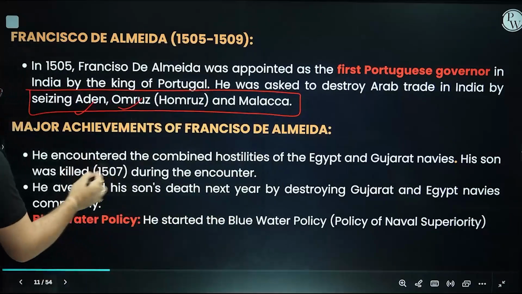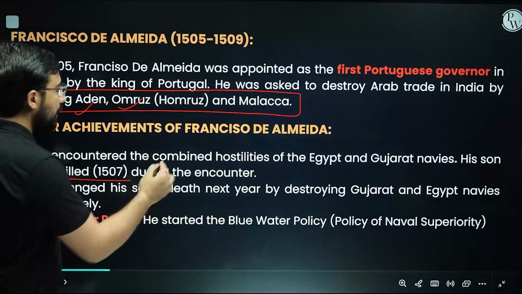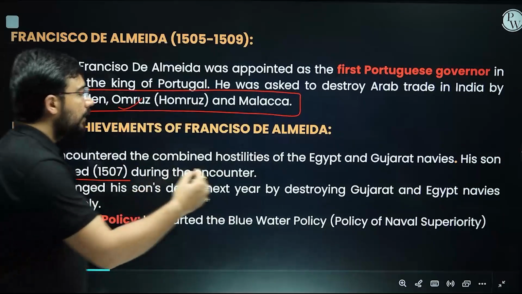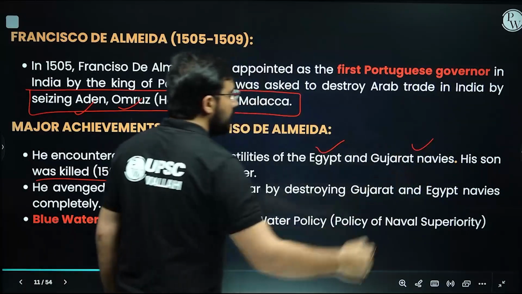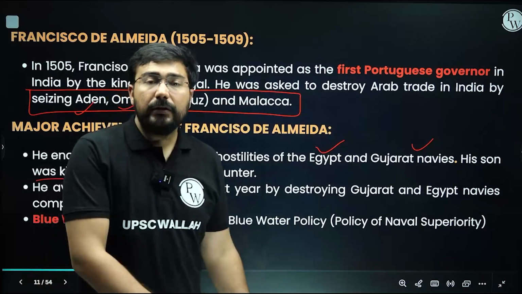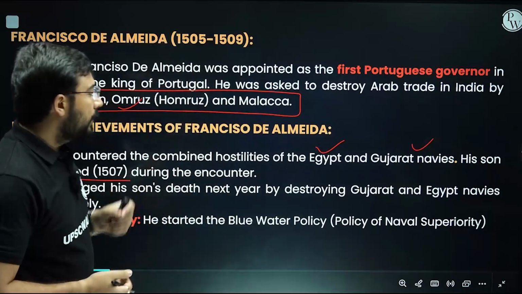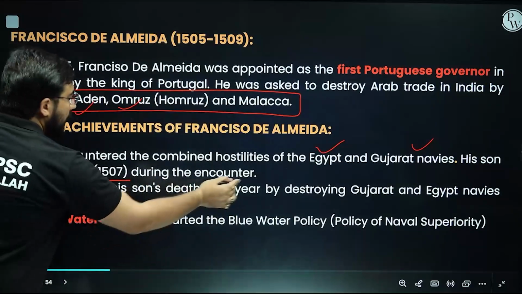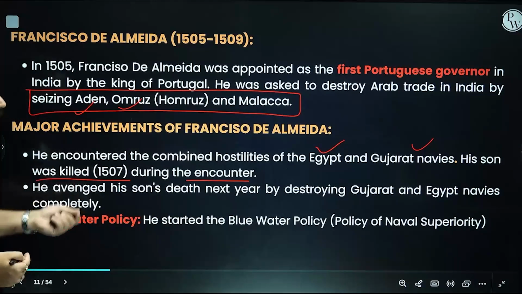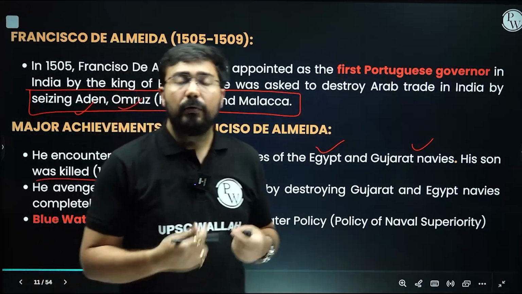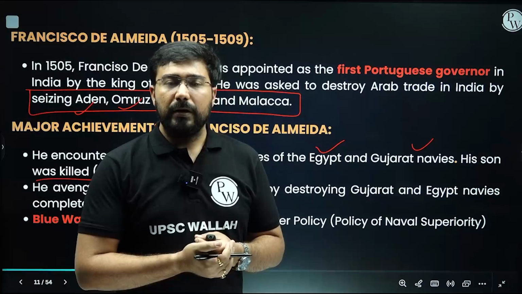Then he also fought a battle in which he had to fight with the navies of the Egyptian army as well as that of the Gujaratis. As a result of this, he lost his son also, but later on he took revenge and defeated both of them. This is famously known as the Battle of Diu.